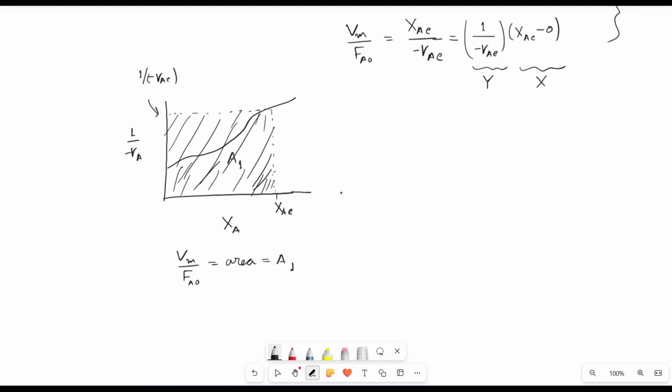Now for the same curve of XA versus 1 by minus RA, my hand is not able to draw the same curve, but for the same curve, this is the exit concentration.